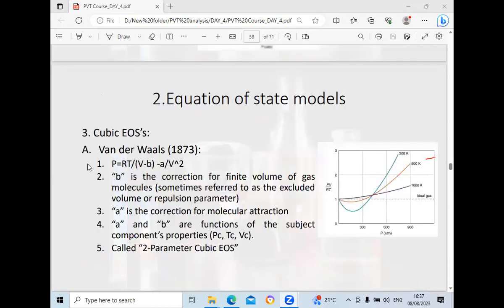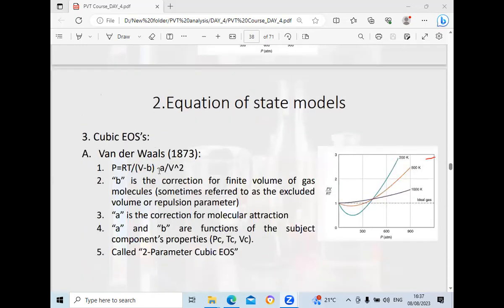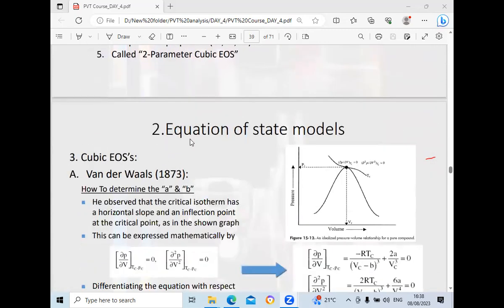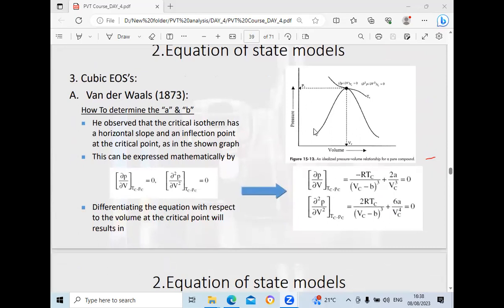So if I want to know how the curve is going to slope, I differentiate this function with respect to volume. That gives the gradient at each point on the curve.